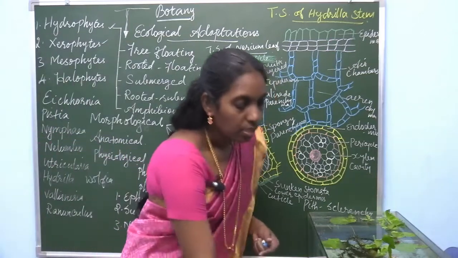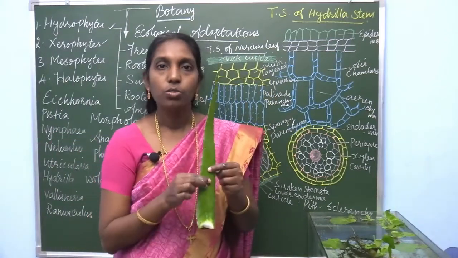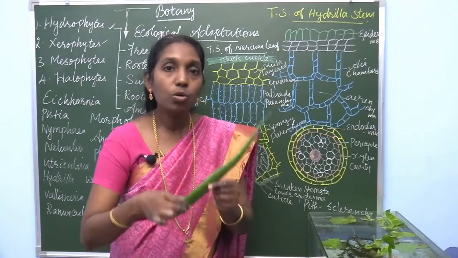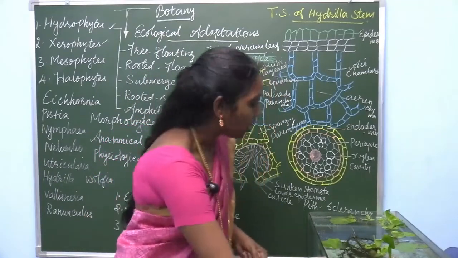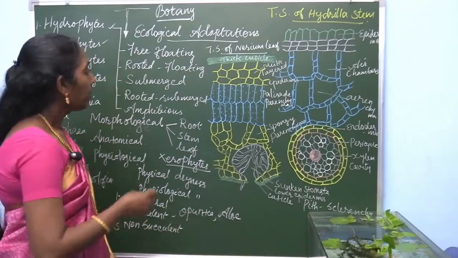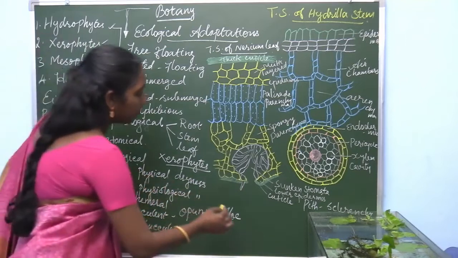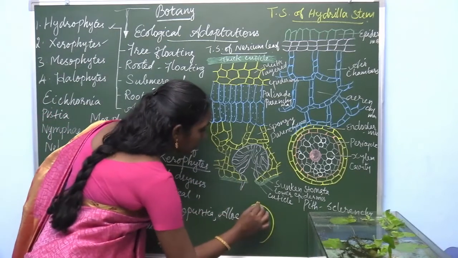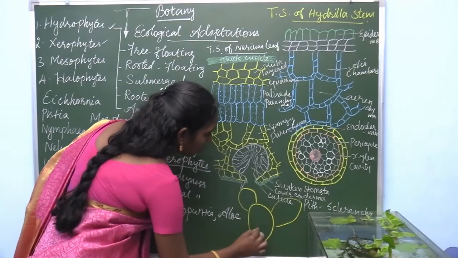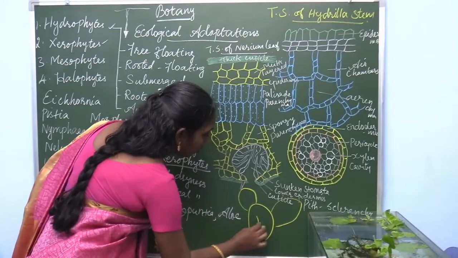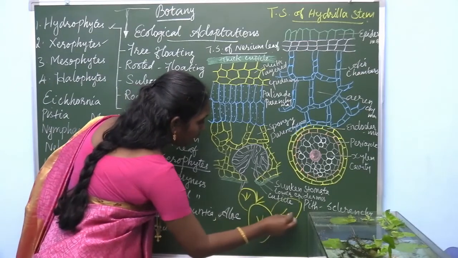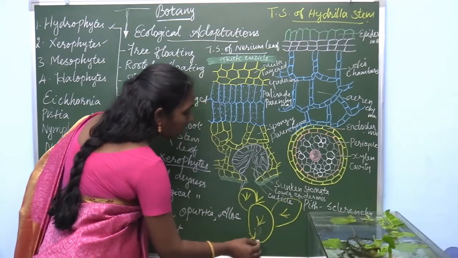Take this xerophytic plant Opuntia: the root system is well developed.